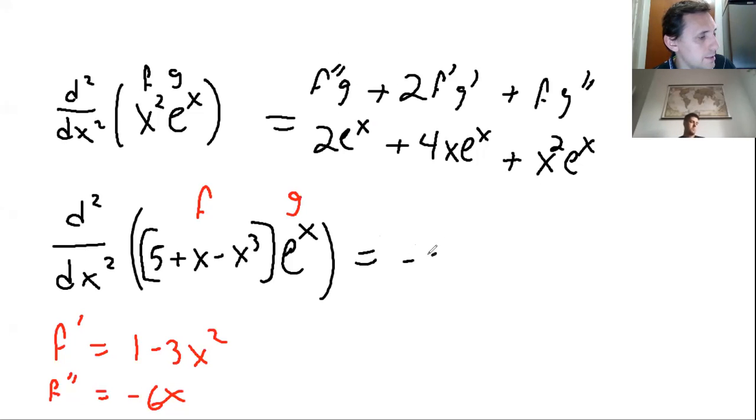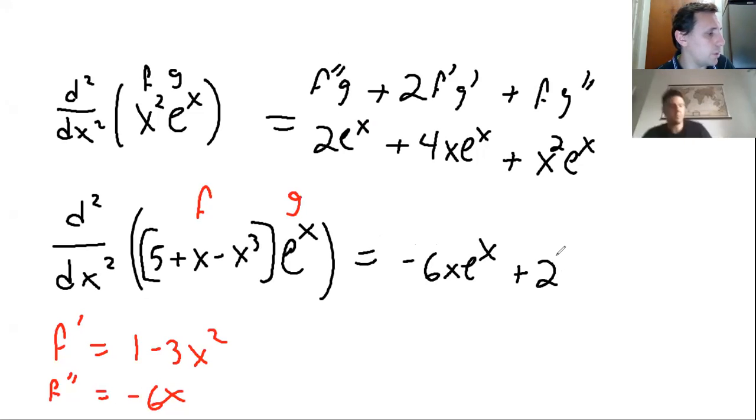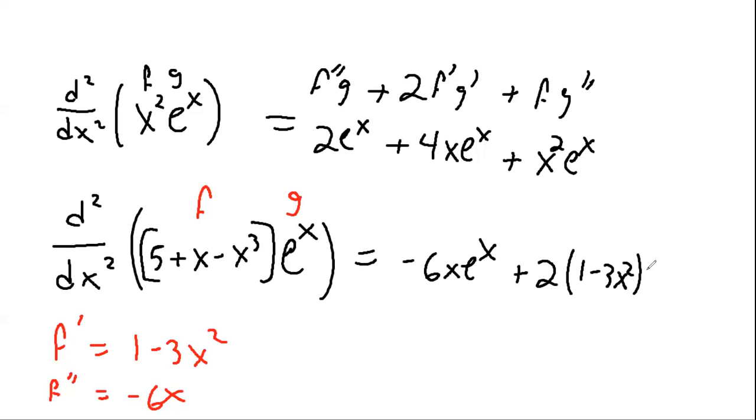So that's minus 6x e to the x, plus 2 multiplied by one derivative of f times one derivative of g. The derivative of g is the same, so it's really 1 minus 3x squared times e to the x. Finally, it's plus the original function, which is 5 plus x minus x cubed, times e to the x. That completes this problem.